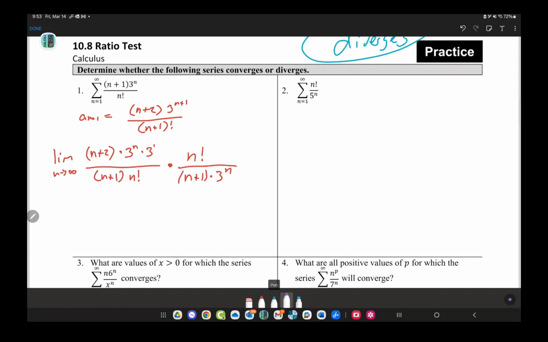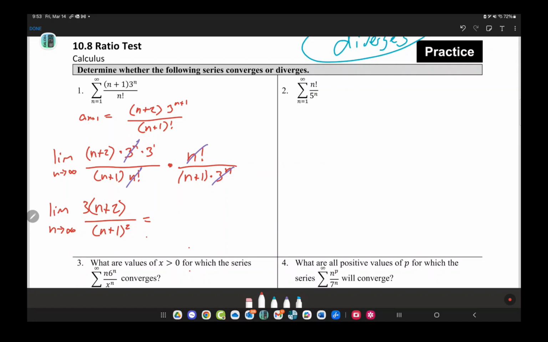So it's going to cancel 3n and n factorial. So right now I have the limit as n goes to infinity of 3 times n plus 2 over n plus 1 squared.